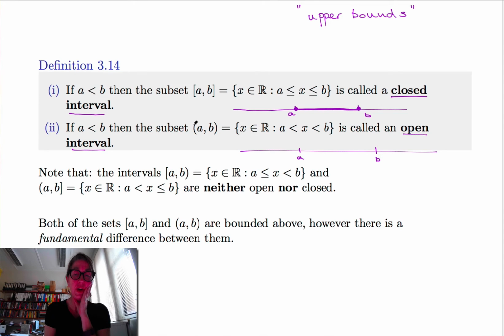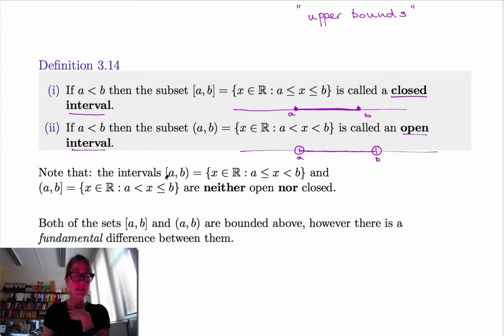We denote the open interval using round brackets, (a, b), and it's defined to be all the numbers between a and b, but it doesn't include a and it doesn't include b. So we tend to denote those with open circles on a and b to denote that the points a and b actually aren't there. I'm sure you're familiar with those two ideas.